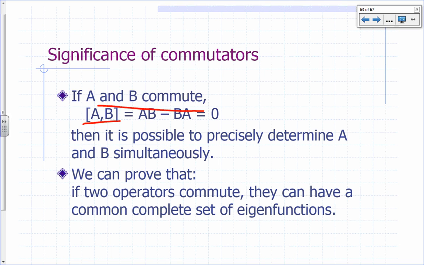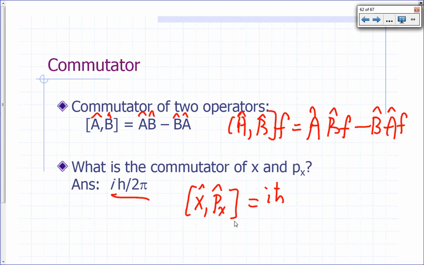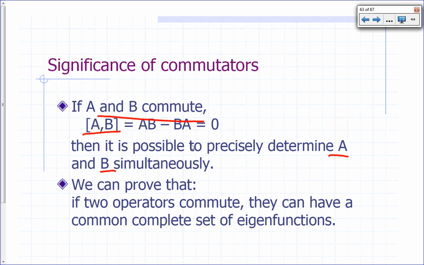If they commute, then it's possible to precisely determine properties A and B at the same time. So since x and px do not commute, we cannot precisely determine both position and momentum at the same time. And the reason for that is that if they commute, then they can have a common complete set of eigenfunctions, and we can actually prove that.